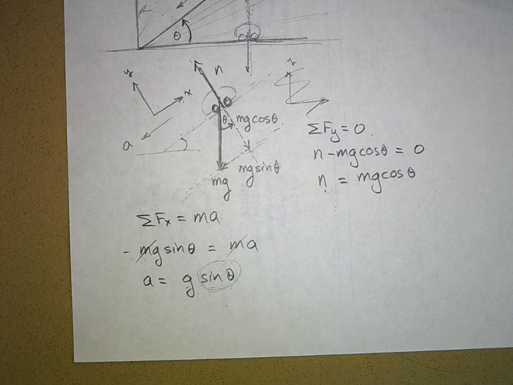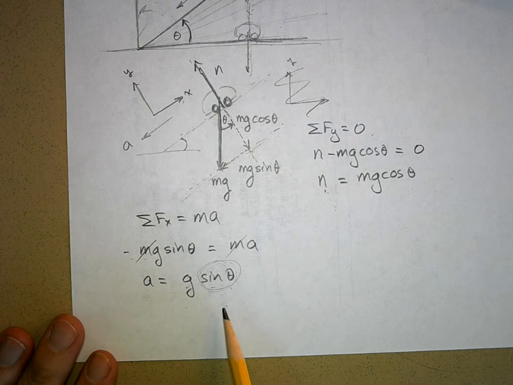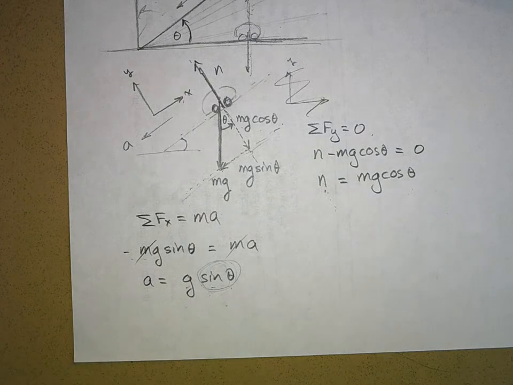And then, so what angle would you have to be at in order to accelerate down the incline at half the acceleration of gravity? That would be 30 degrees. So at a 30-degree angle, you'll accelerate with half the acceleration of gravity. Kind of cool. By the way, this is how they practiced for moonwalking.